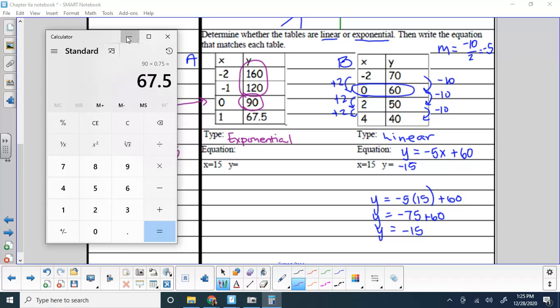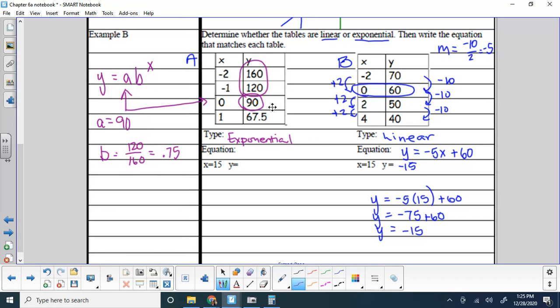And again, I do. So in this case, this table was going in order, and each time to get from one term to the next, we multiplied by 0.75. So that means the b value is 0.75. So I get y equals 90 times 0.75 to the power of x.